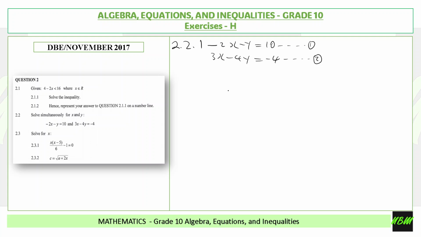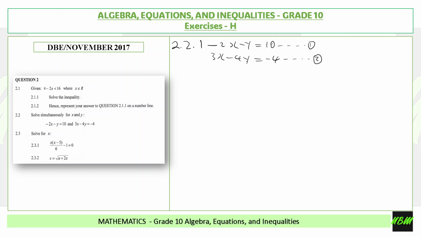So with this question, the easier way will be to use the method of substitution, because elimination will mean we'll have to multiply a certain equation by a certain number, so that when we add or subtract, we'll be able to eliminate either x or y. So let's take the method of substitution, and between equation 1 and equation 2, the simpler equation is equation 1, because the coefficient of y in this equation is just -1.